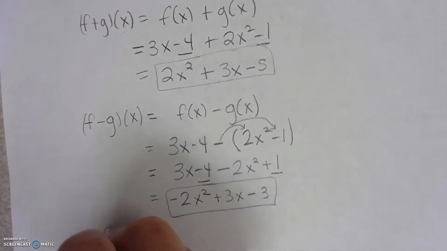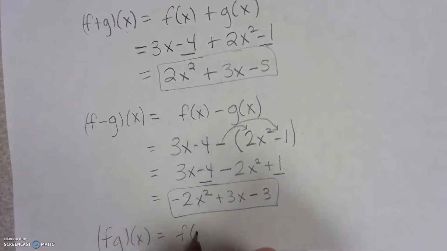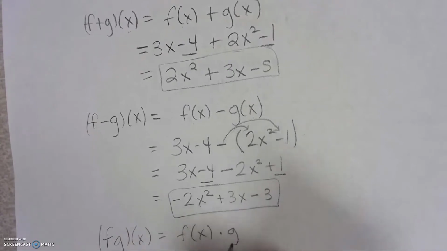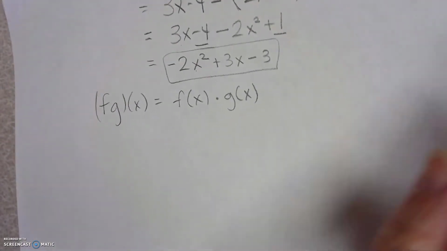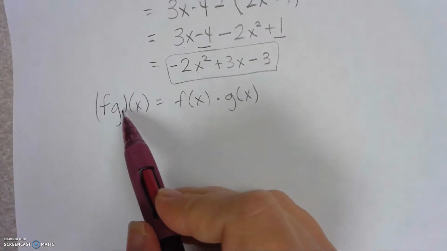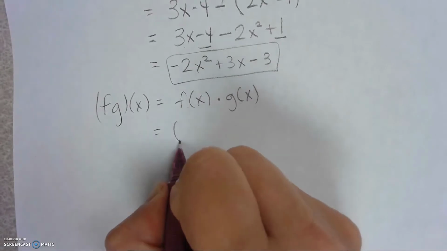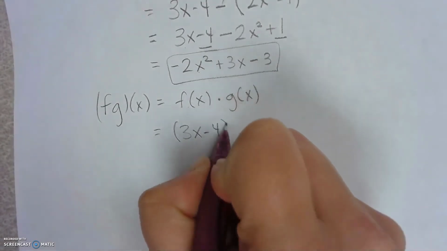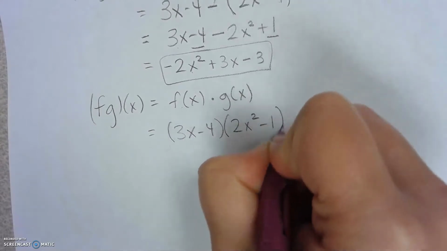For f times g of x, this is something that we did when we were working with polynomials and we were multiplying them together when we were doing a review. So when I see fg of x, it means to take f of x times g of x. So f of x is 3x minus 4, and I'm going to multiply it times 2x squared minus 1.